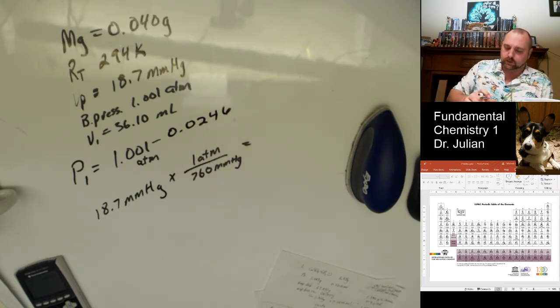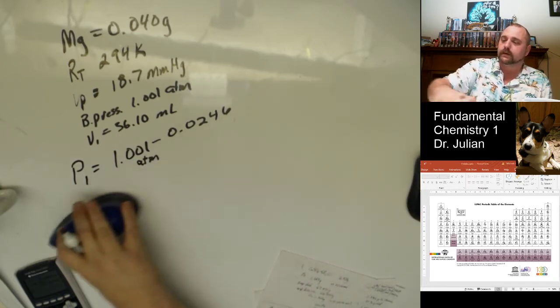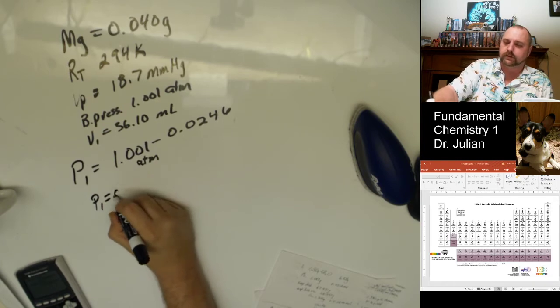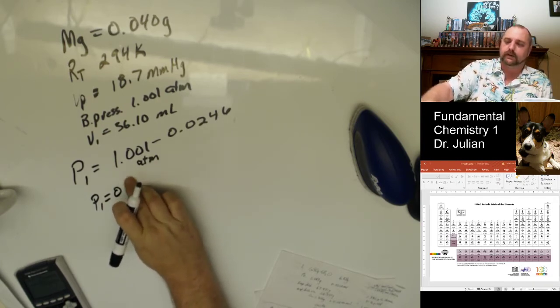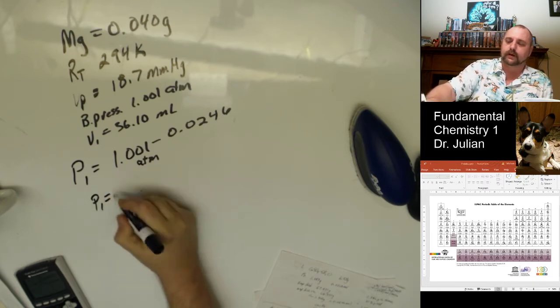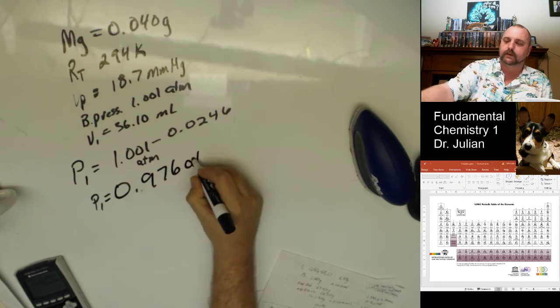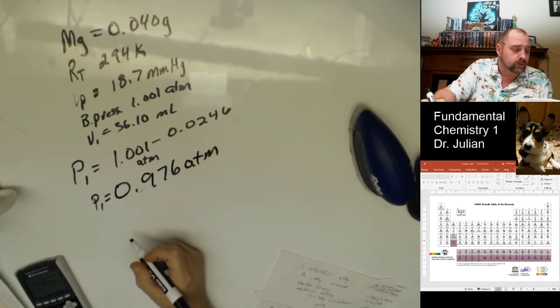I'm going to do 1.001 minus, and just use that answer so I get my rounding. So my P1 in atmospheres is 0.976 atmospheres. I'll write it bigger too.